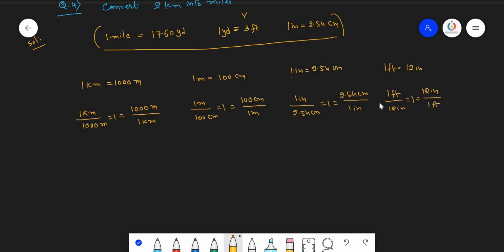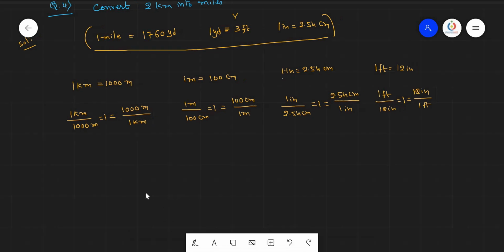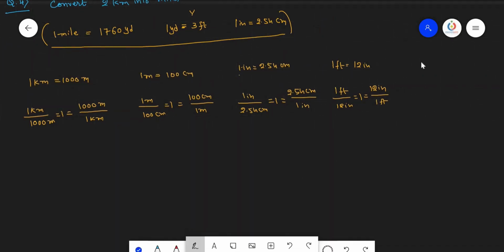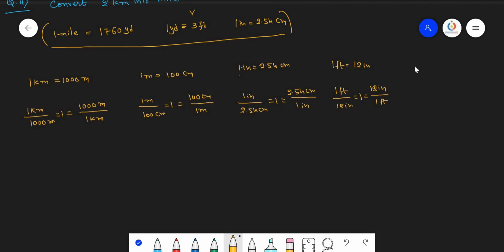And the last two are there. So here let us take 1 yard equals 3 feet. So here it is 1 yard by 3 feet equals 1, that equals 3 feet by 1 yard. And the last one is 1 mile.